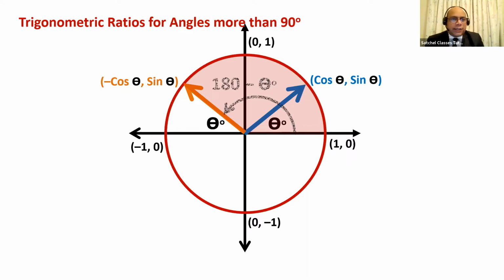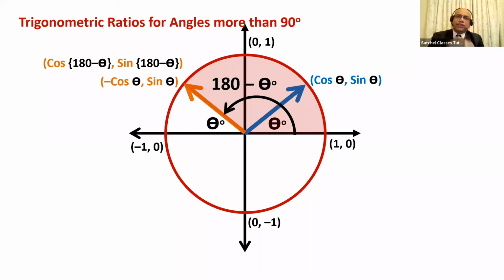So that is 180 degrees minus theta. And the tip of that arrow, the coordinate should be cos of 180 minus theta and sine of 180 minus theta. Remember that any point on the circle will have coordinate cos of that angle and sine of that angle, right? The angle which it makes with the positive side of x-axis.